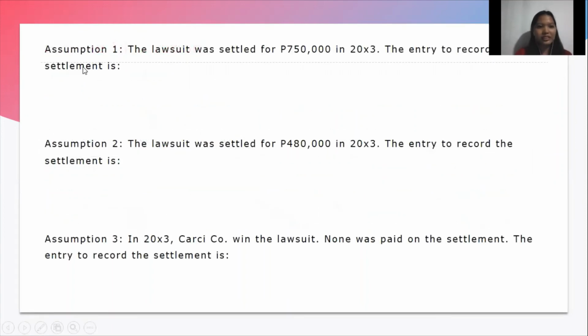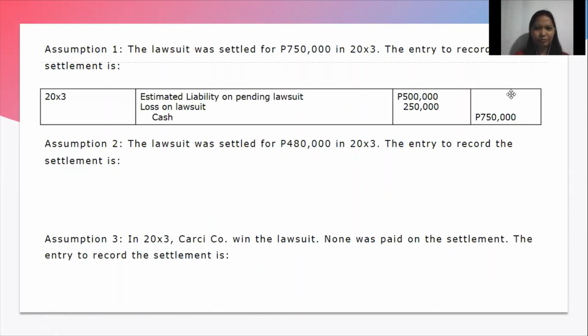So, may three assumptions tayo. And these assumptions are not related to each other. So, first assumption natin is the lawsuit was settled for 750,000 in 20x3. The entry to record the settlement is estimated liability and pending lawsuit debit of 500,000.